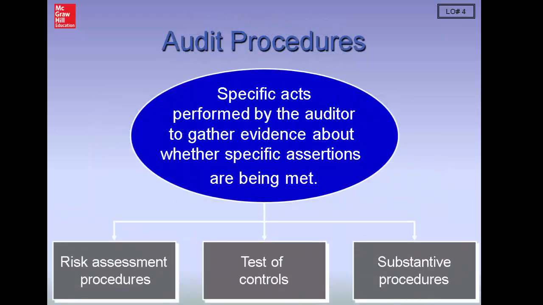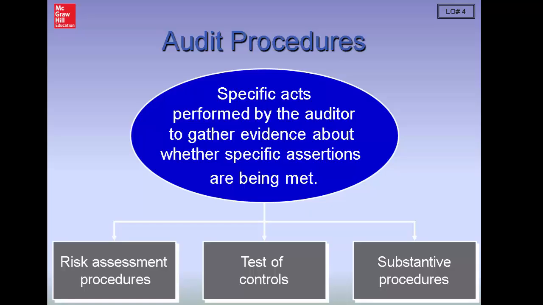We've talked about this, but I want to bring this to our attention yet again related to the process. So you notice that in the risk assessment process and the test of controls, this is where we are assessing the risk of material misstatement. The test of controls is primarily focusing on processes.